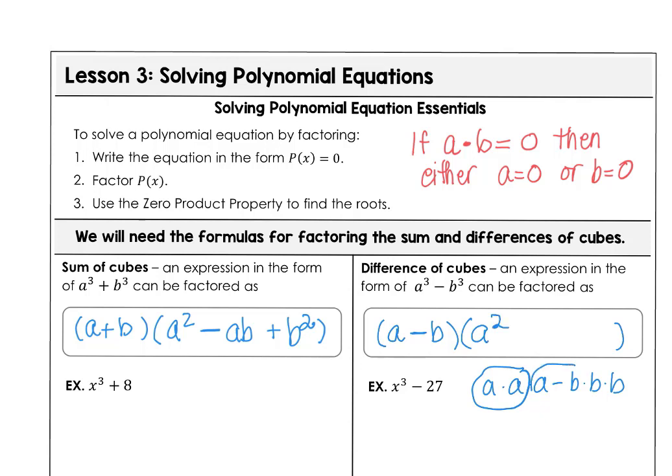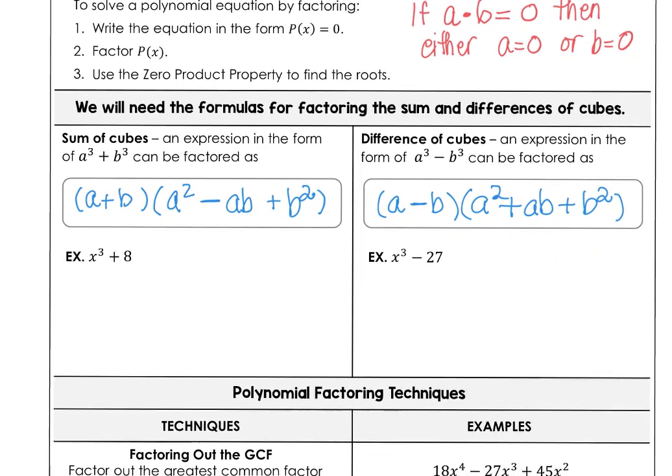And we've got A times B, but we want to do the opposite operation, that's plus AB. And then B times B, that's B squared. And I'll let you expand those on your own time to see that they do give that end result of A cubed plus B cubed or A cubed minus B cubed.